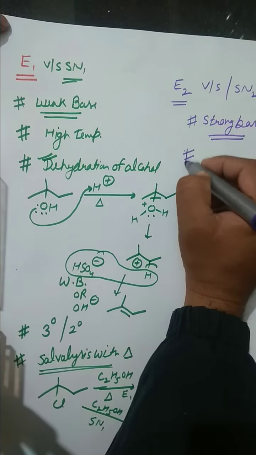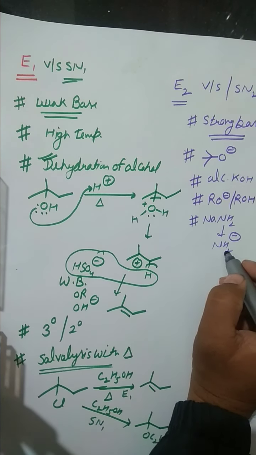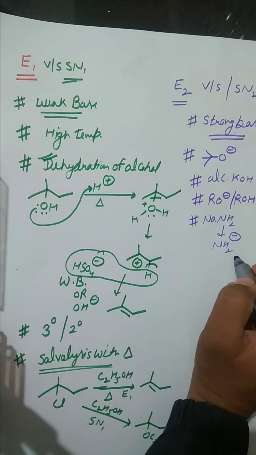NaNH2 we can also take, that is also a strong base. NaNH2 produces NH2 negative ion. That is a very good base, because it readily acquires H plus ion and gets converted into ammonia, and our equilibrium is shifted towards ammonia, because ammonia is a stable product. So NH2 negative is also a good base.